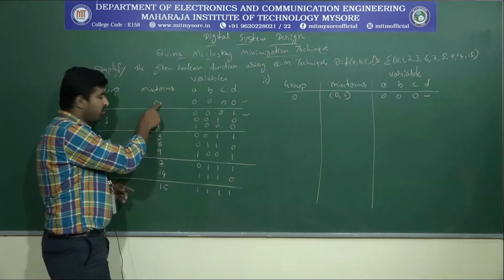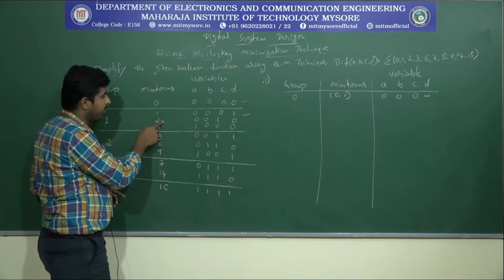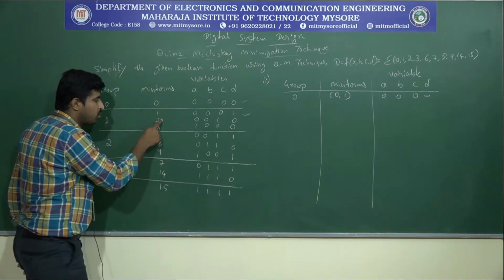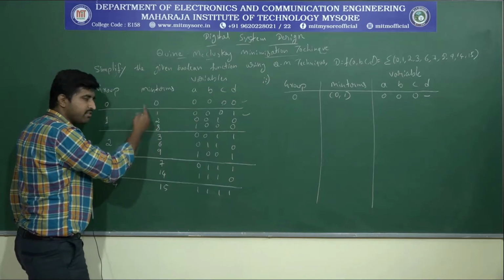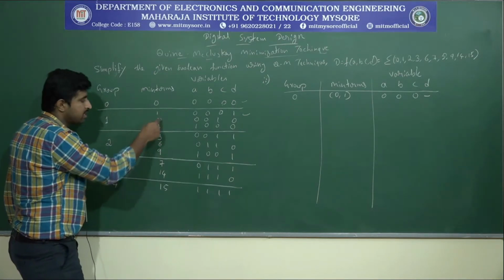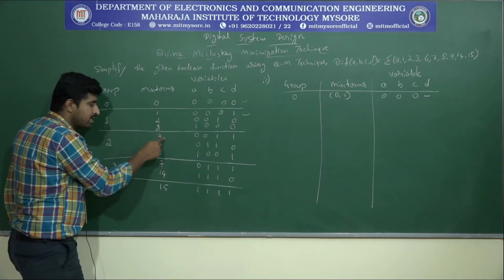Similarly, we need to compare 0 with 2 also. Individually we are always going to compare. 0 will be compared with 1, 2, 8. Similarly, when I come to the next group, 1 will be compared with 3, 6, 9. 2 will be compared with 3, 6, 9. 8 will be compared with 3, 6, 9.